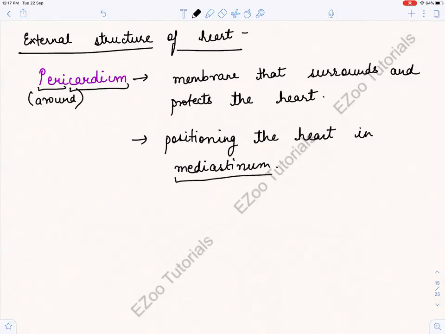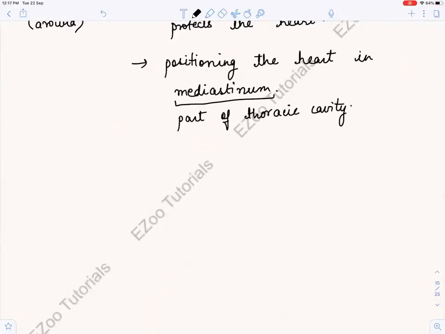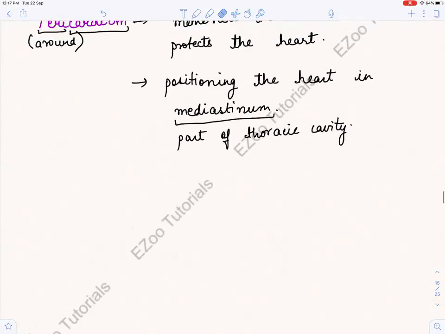It is a part of the thoracic cavity, in which the heart is placed. Okay, and when it's positioning the heart, the pericardium is providing for vigorous contraction and movement. So now we know that it's positioning the heart and is protecting the heart.